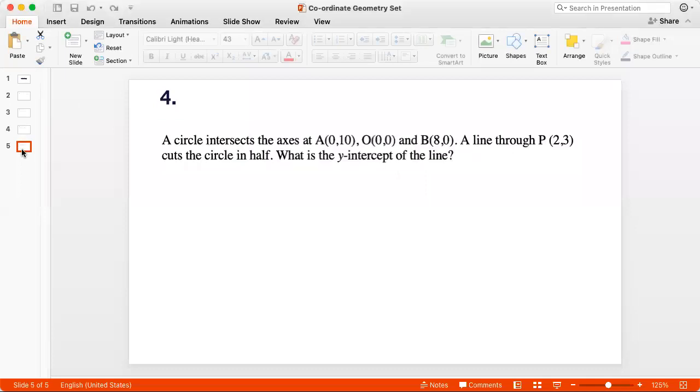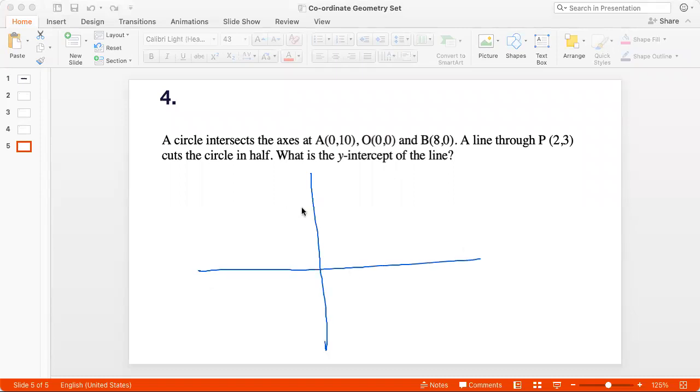Okay, a circle intersects the axes at, so let's draw this circle. Okay, so it intersects the axes at 0, 10. So let's say this is the origin, 0, 0 and 8, 0. So my circle will look something like this. Oh, so then this has to be the diameter, right?